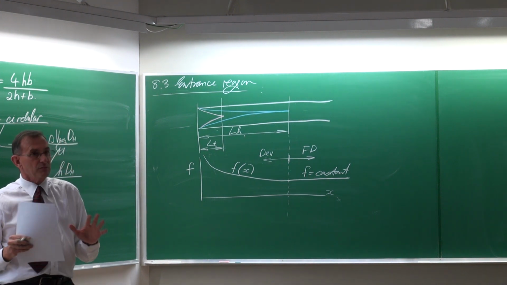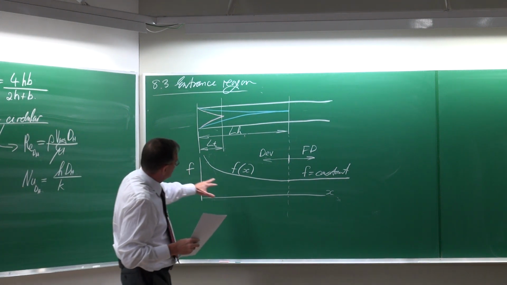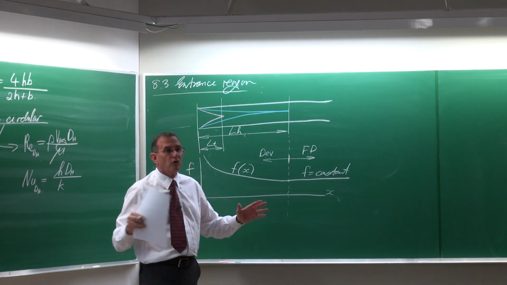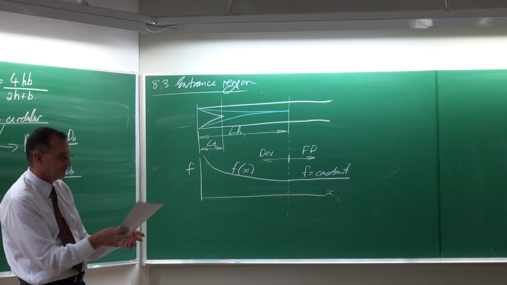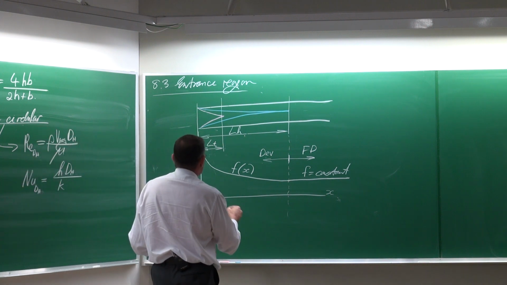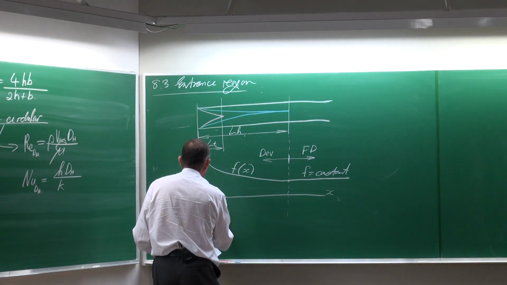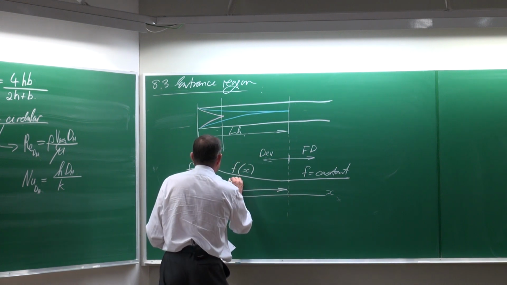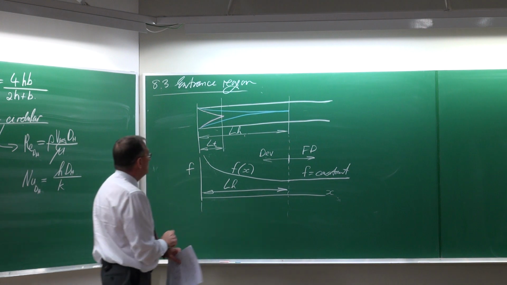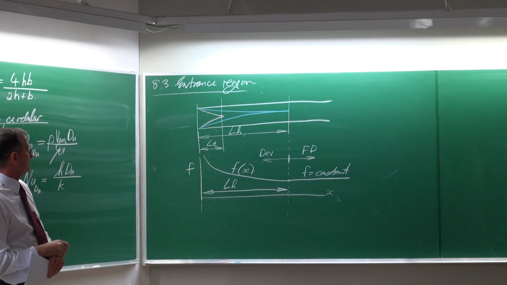Which means that in some cases, if you do not take this into consideration, the pressure drop of your duct or tube can be much higher than expected. So this distance there is equal to LH, that separates the developing part from the fully developed part.